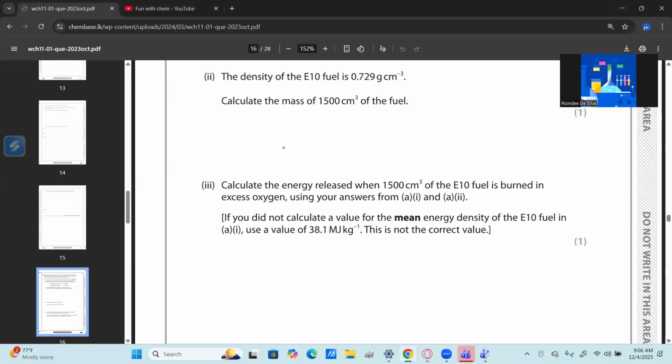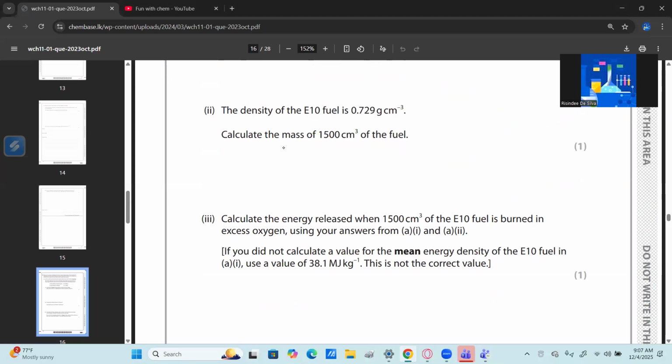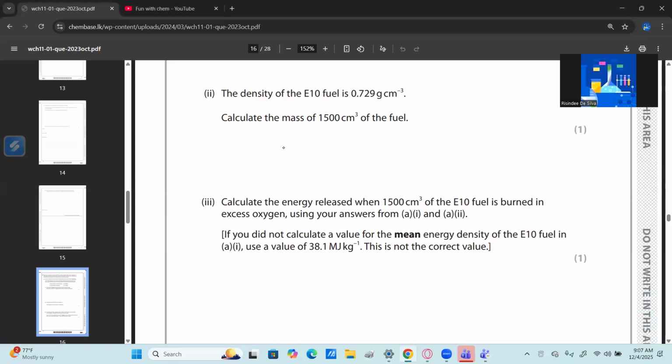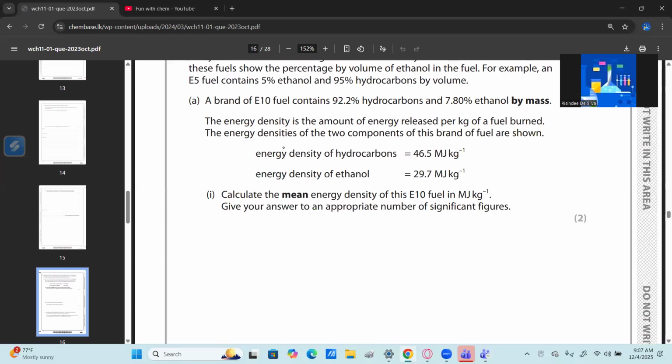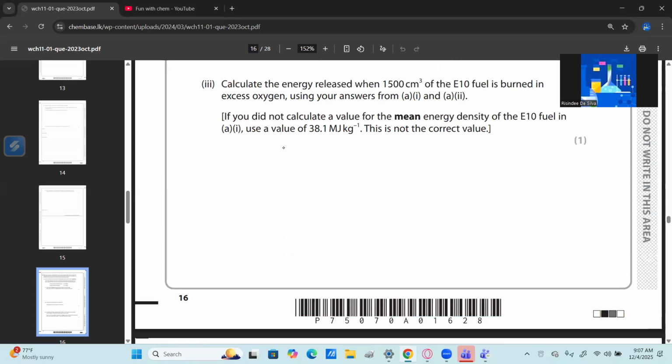Calculate the energy released when 1500 of E10 fuel is burned in excess oxygen using your answers from A1 and A2. Okay, so we found the mass of the fuel as 1093.5.